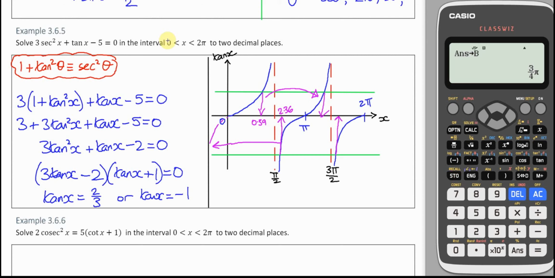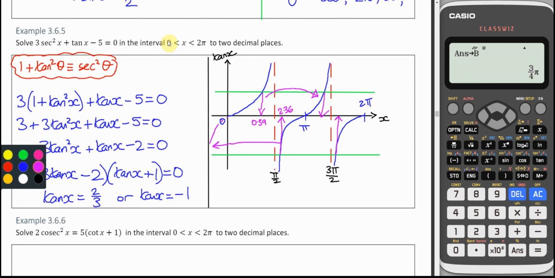So now I'm going to write down all my answers to 2 decimal places. So X is, I've got 0.59, 2 decimal places. The next one was 2.36. You don't have to write them in order, but I am.